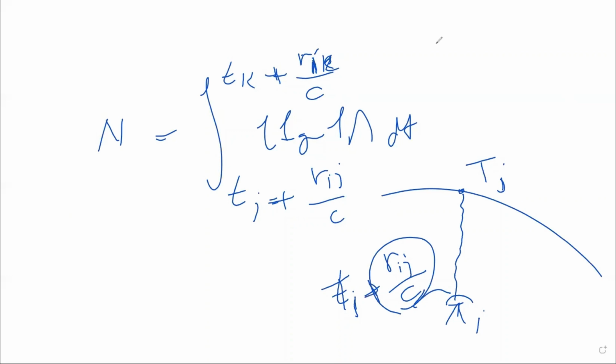Because the speed of the signal is the speed of light, and if I divide this distance from satellite to receiver by C, I get the time difference. It means that this is the travel time from the satellite at position J to the receiver.